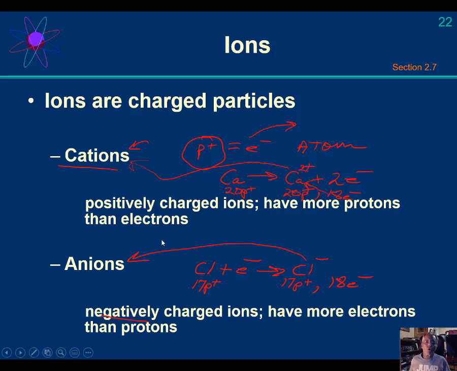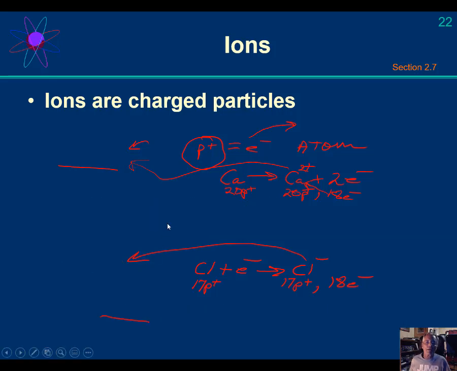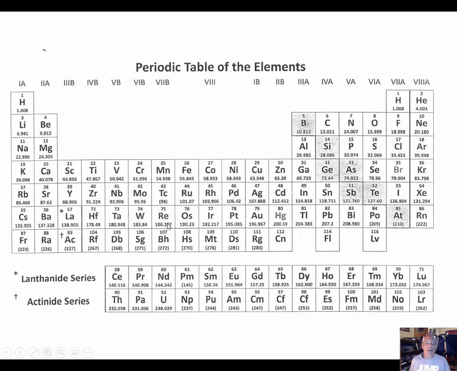Now I'm going to scroll back to the periodic table that we were looking at, and I'm going to make some distinctions for you. If I draw a line, you can see the shade that goes down this side of the table, and I'll draw it on the other side as well.